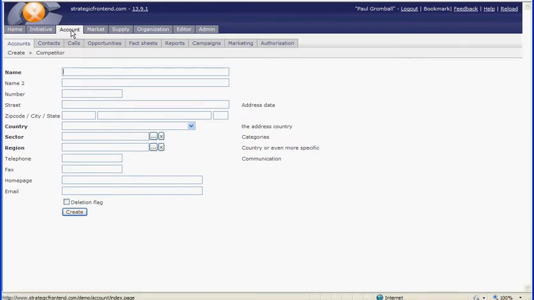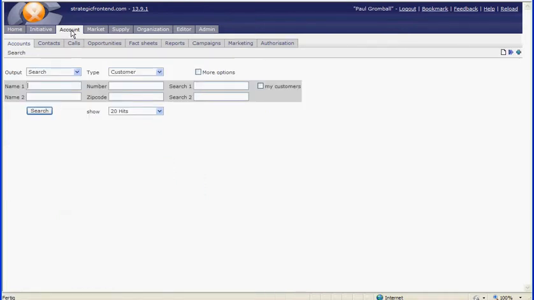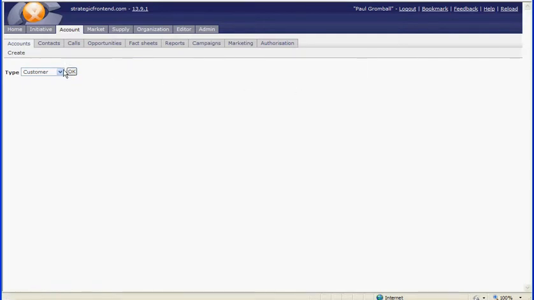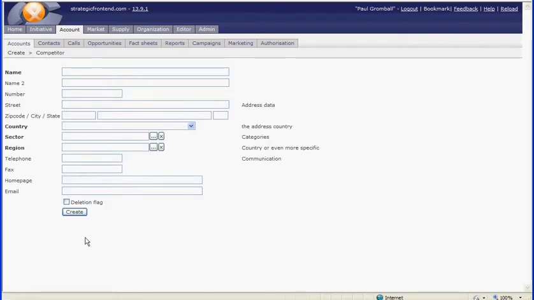So again, because it's important: account, if you want to create a new competitor, then create. Then on the type, you have to go to competitor, and then OK, then you can create your competitor in the normal way.